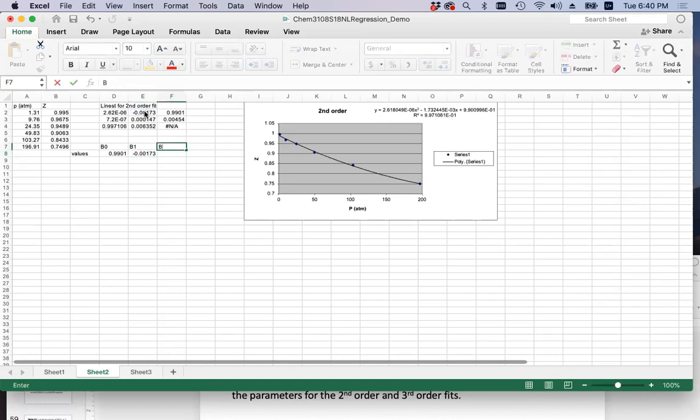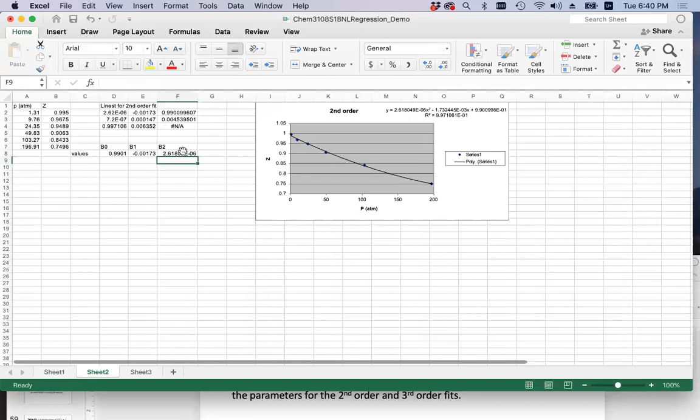And then the B2 virial coefficient, that's going to be this other parameter, this one right here, something times 10 to the minus 6. And just for clarity, I'm going to label the units. So compressibility is unitless, but the slope of the compressibility plot, right? So the coefficient of pressure to the first power should have units of pressure to the minus 1.